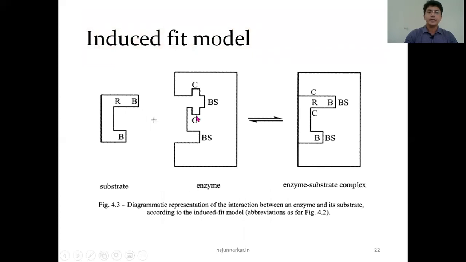So here the enzyme has a slightly different structure with respect to its active site, and upon binding of the substrate to the enzyme, some changes may occur in the structure of the enzyme, because of which favorable interactions between the substrate and the enzyme occur, bringing the catalytic site near to the reacting groups, and the substrate can then be converted into product by the enzyme.